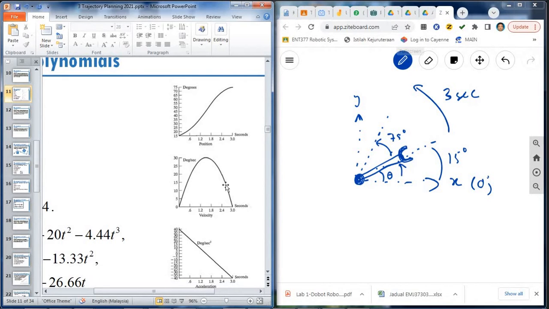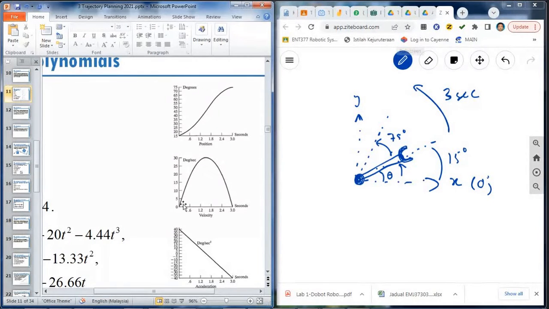And then this is your graph for your velocity. You cannot drastically start your motion because that is not smooth. So we need to move your robotic arm in a smooth manner. We need to increase the velocity in a smooth motion, not immediately jump into high velocity.